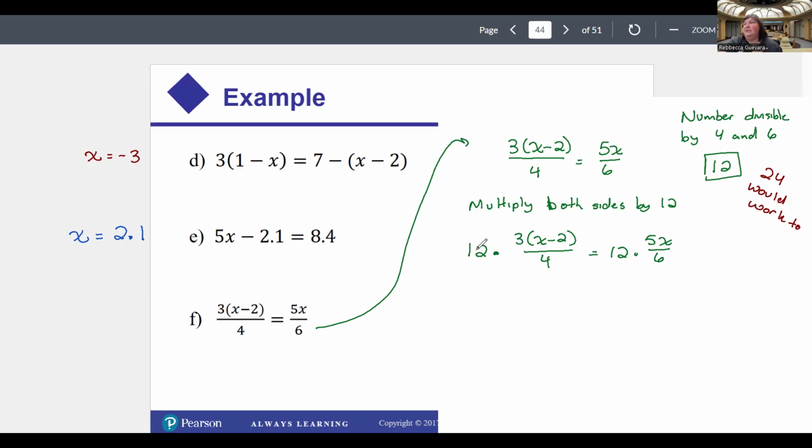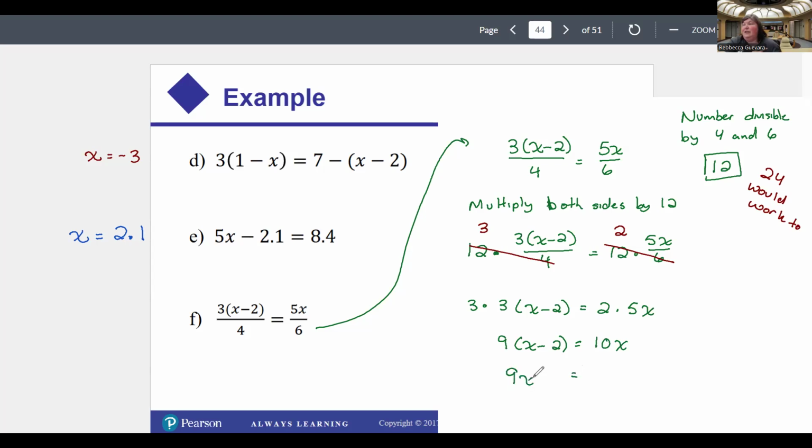So what we see here is that we have 12 divided by 4. That leaves me with 3. I have 12 divided by 6. That leaves me with 2. So now I just have 3 times (x minus 2) equals 2 times 5x. Here, you can do 3 times 3, so it's 9 times (x minus 2) equals 10x.